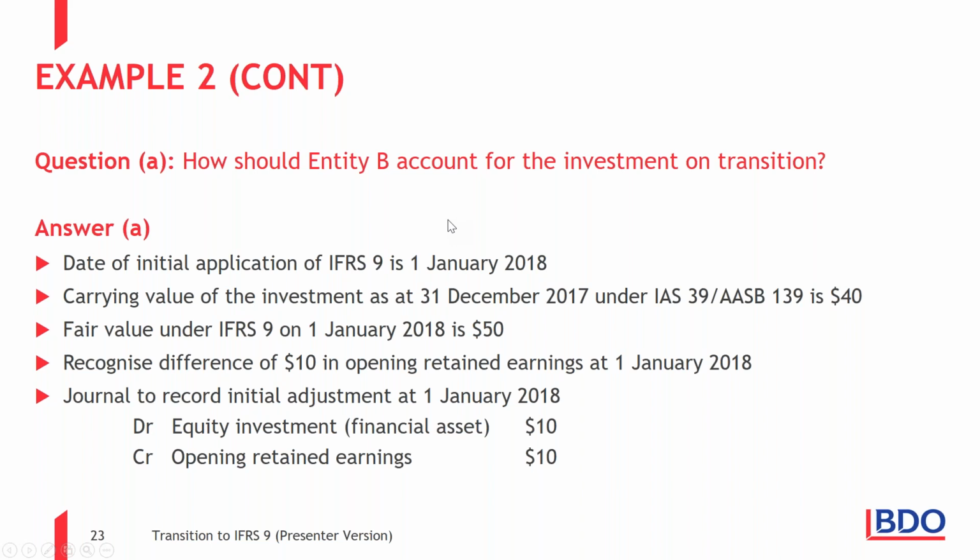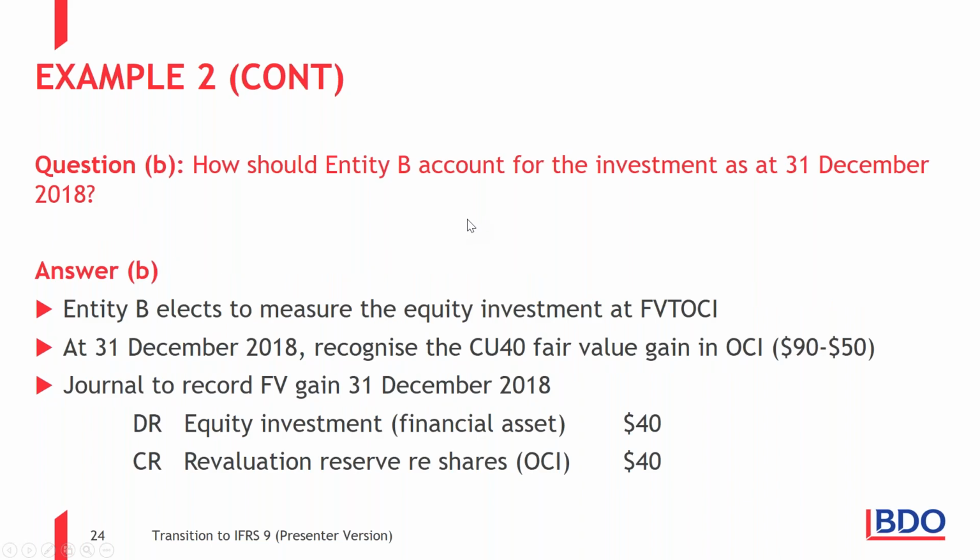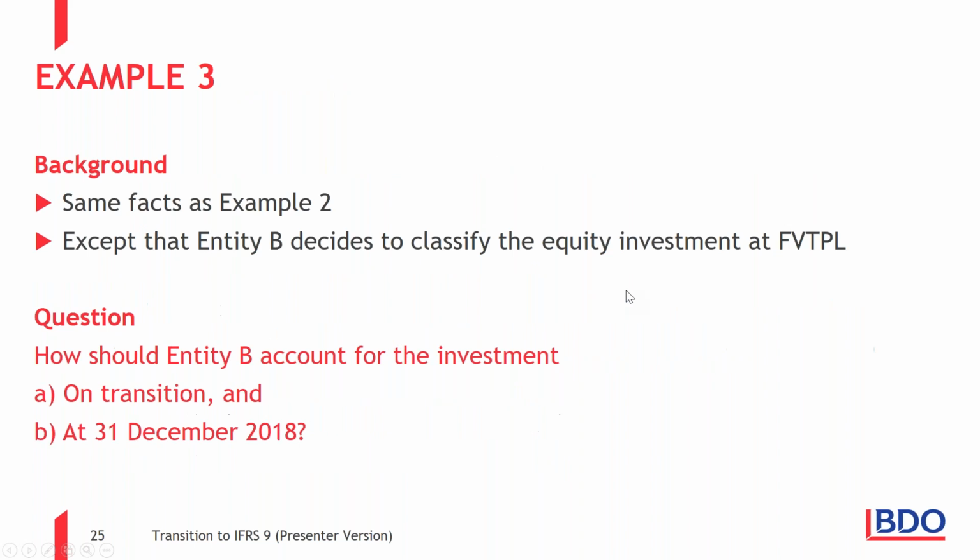You are adjusting it from 40 to 50. And you are fixing it against opening retained earnings, because remember, in the past, you would have expensed that impairment loss. And that's why we're fixing it against opening retained earnings. However, going forward, by the end of the year, we know changes in fair value now have to sit in OCI. All right, let's look at example 3.